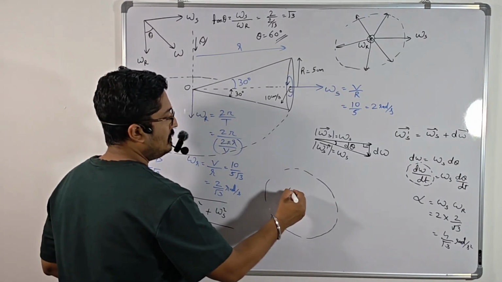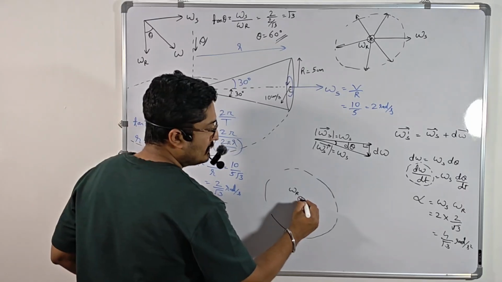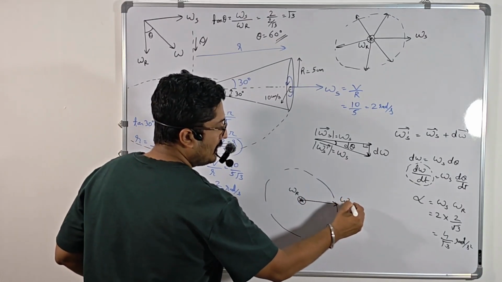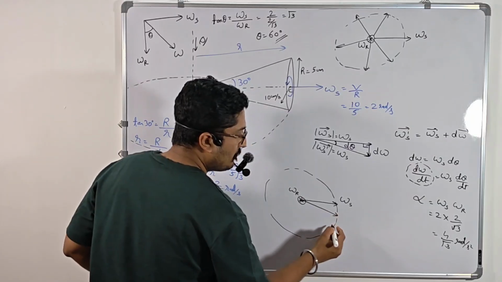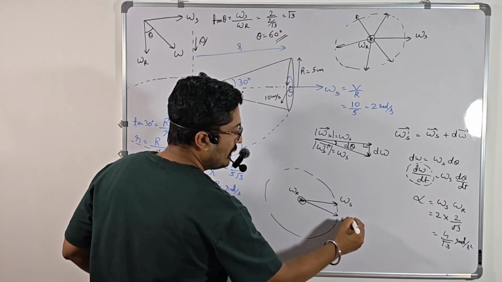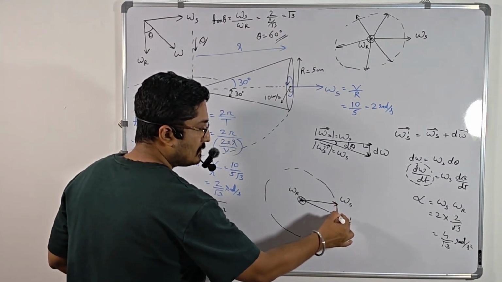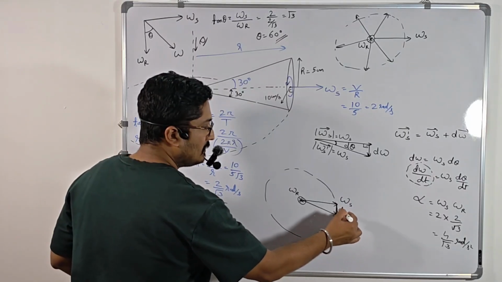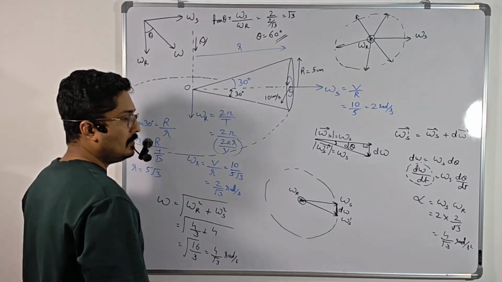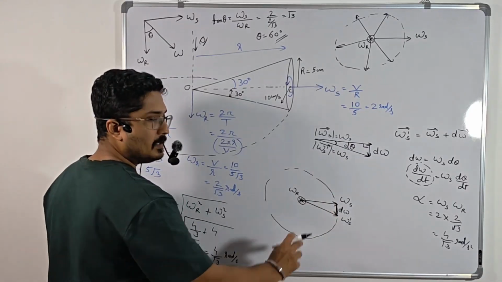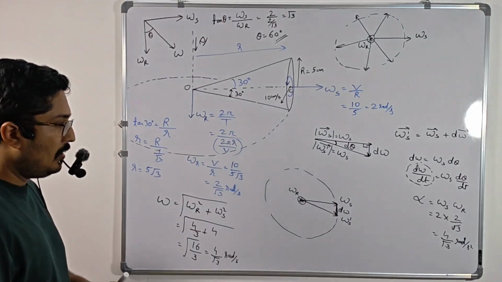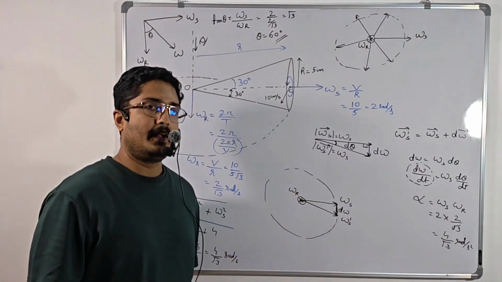This is the direction of the omega r, and this is the direction of the omega s at some moment. After some small duration of time, it became like this, omega s dash, and this would be considered as the d omega, right? So this is omega s vector, this is omega dash s, and this is the d omega, the change.